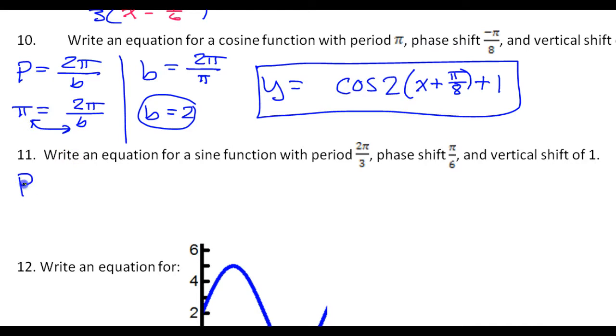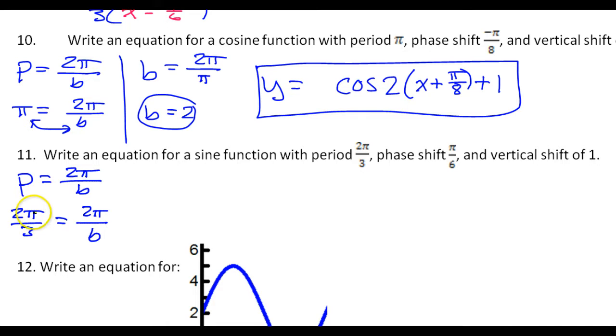Anyway, the period has got to be 2 pi over b, as we discussed. So if the period is 2 pi over 3, then 2 pi over 3 is equal to 2 pi over b.